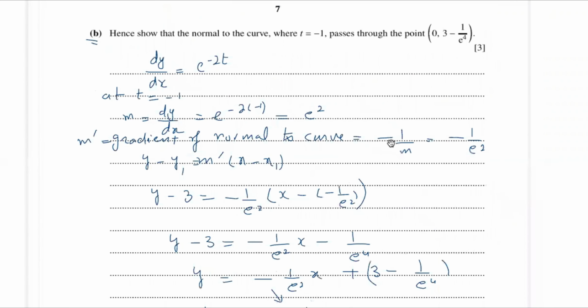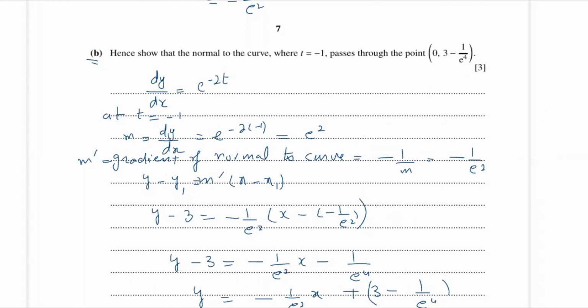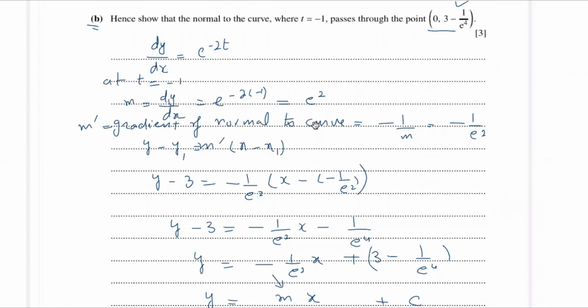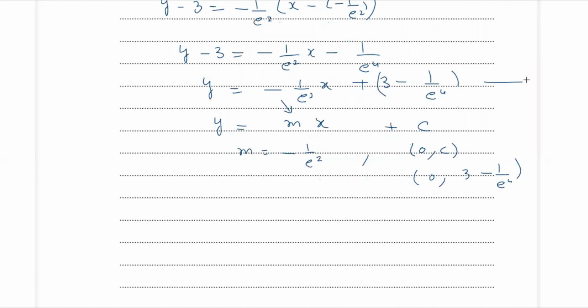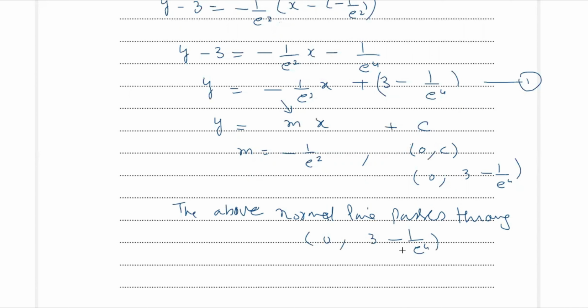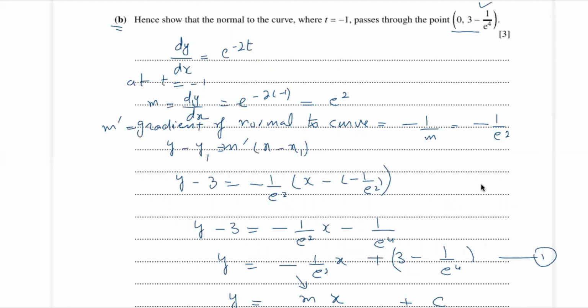This is the point where the normal line passes through. This shows that the equation of the normal is passing through this point. Now we can say that the above normal line passes through 0, 3 minus 1 over e power 4 and has gradient minus 1 over e square. And this is the proof.